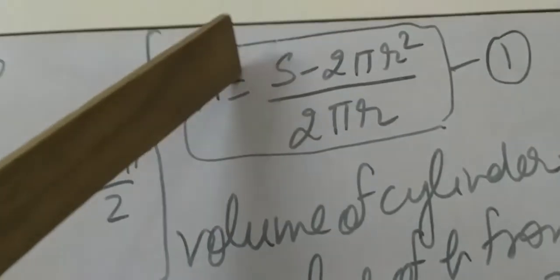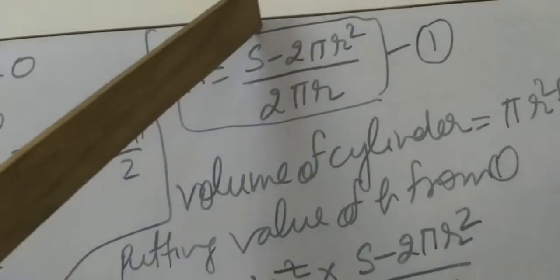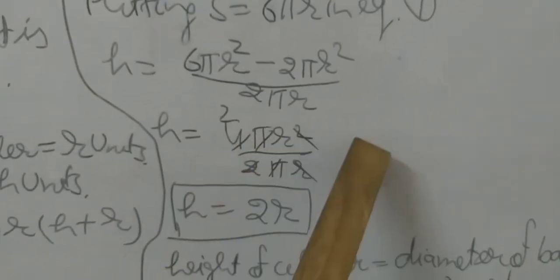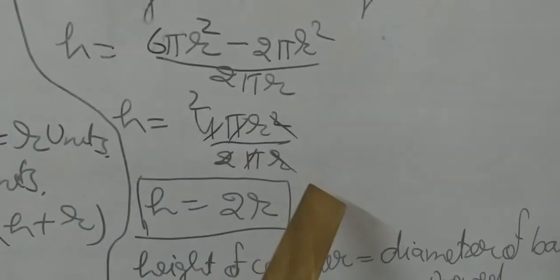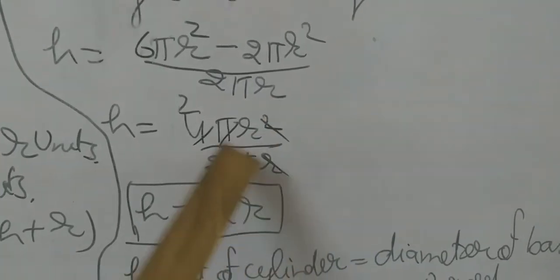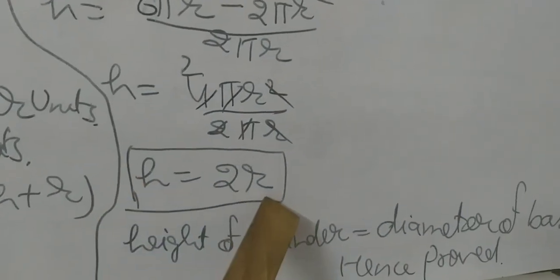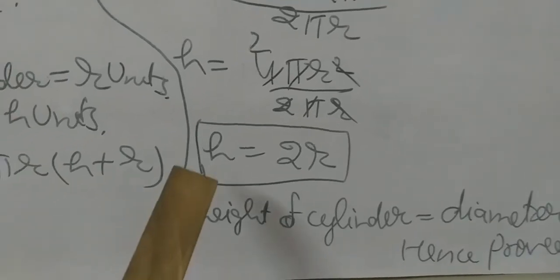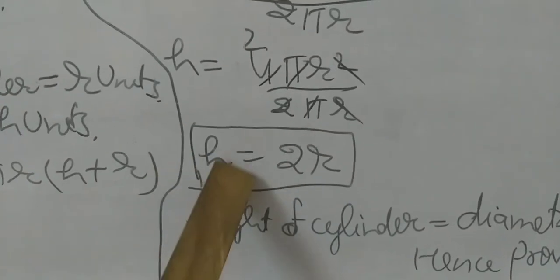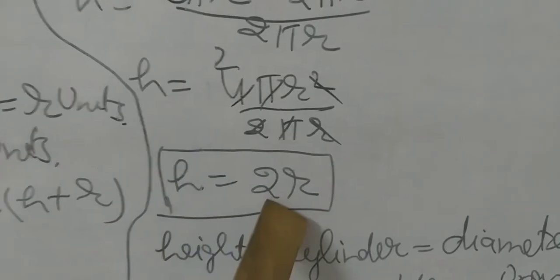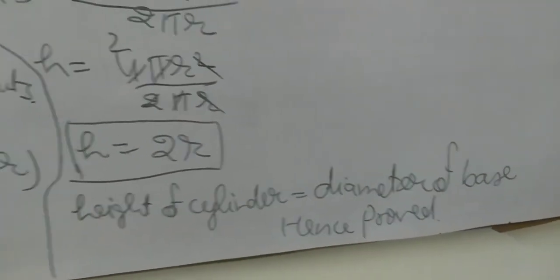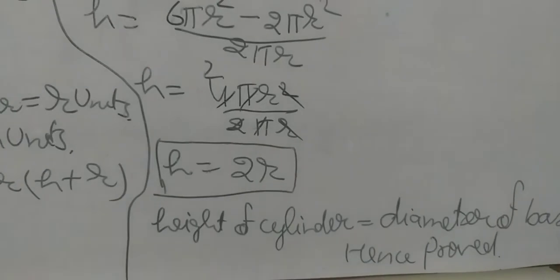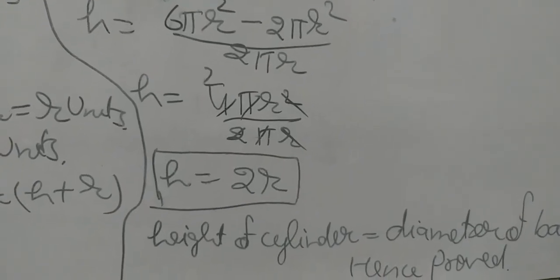In place of S I put 6 pi r square. So h equals 4 pi r square upon 2 pi r. 2 into 2 is 4, one r cancels, pi cancels, h equals 2r. So now student, height of cylinder equals diameter. Height of cylinder equals diameter of base. Hence proved. Okay student.